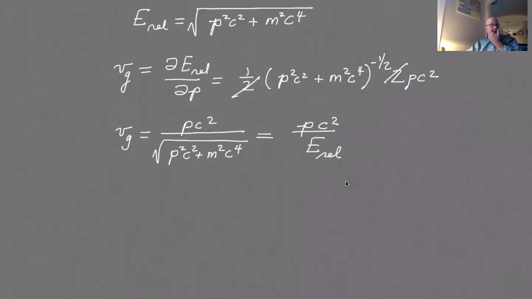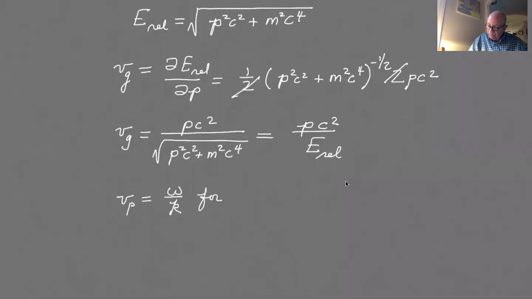Now for each of the waves that comprise the wave packet, we know that v phase is equal to omega over k.